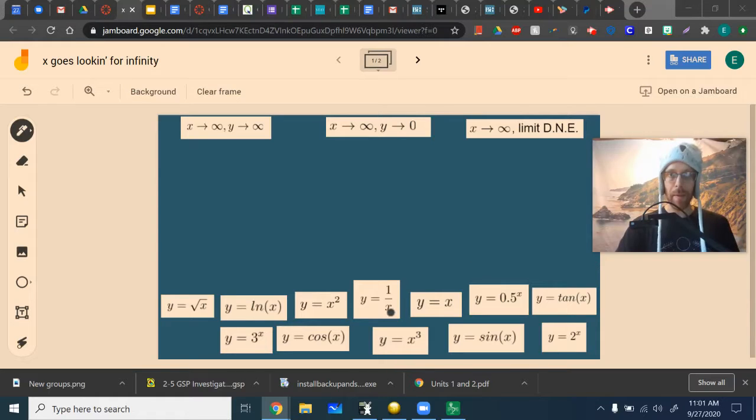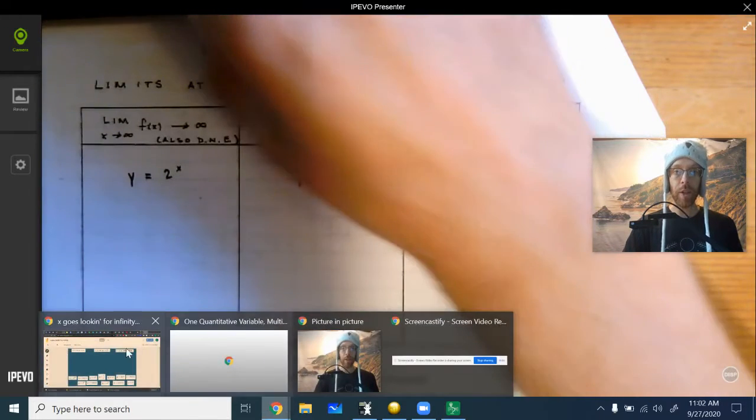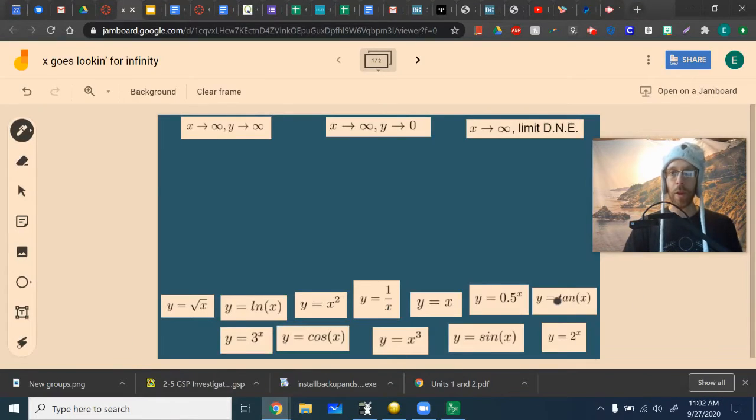So at the bottom of the page right here, we've got a whole host of functions. And I would like you on your paper on this document right here to take these functions and sort them into the right groups. Some of them y goes to infinity as x goes to infinity. Some of them y goes to 0 as x goes to infinity. Some of them have no limit at all as x goes to infinity.